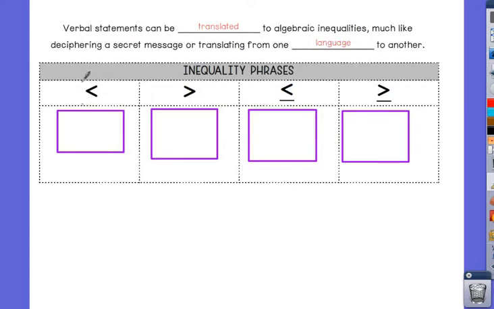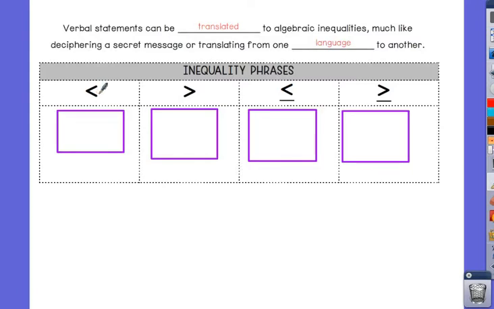What is this symbol here? Less than. What's some other words that could indicate less than? Minimum? Minimum is something else. Ooh, we have this in the notes. What's another word for less? Least.